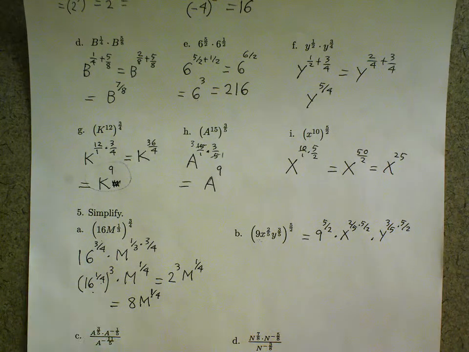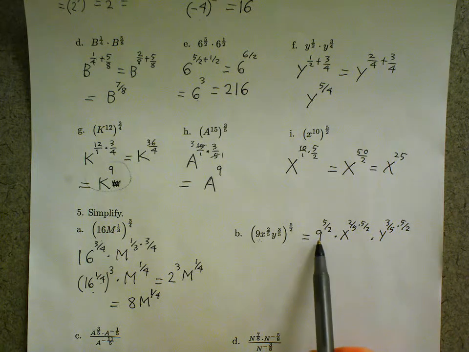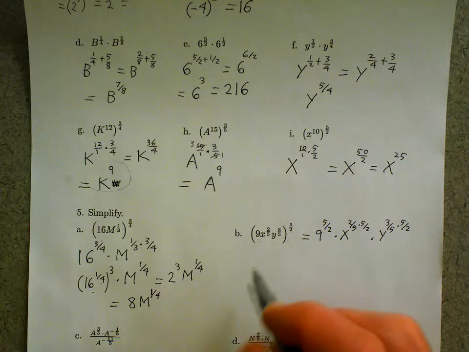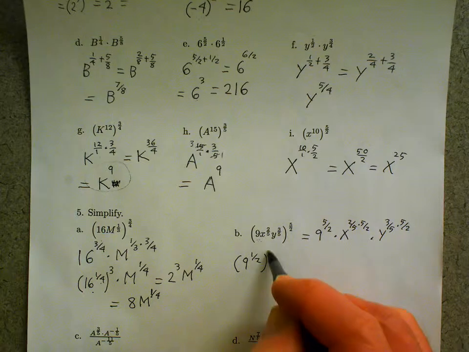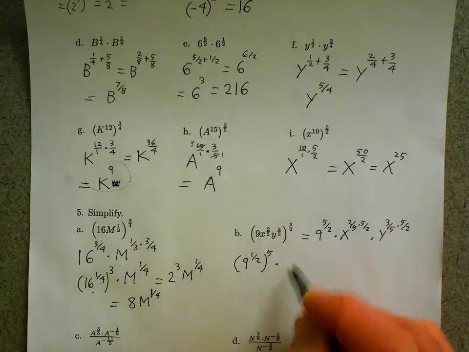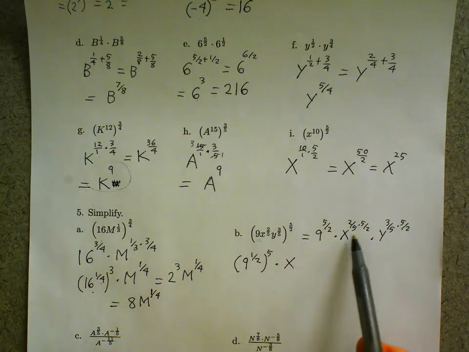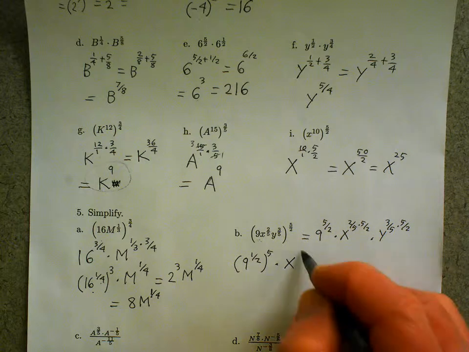Then 9 to the 5/2, we'll write that as 9 to the 1/2 to the 5th. And then times x to the 2/5 times 5/2 is x to the 10 over 10.